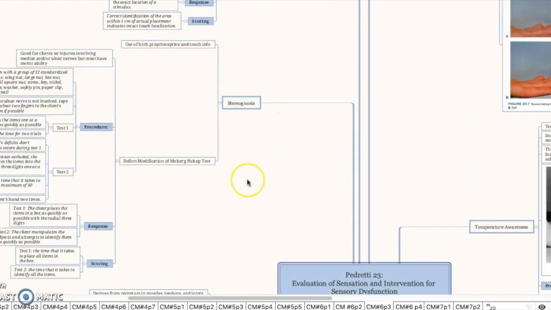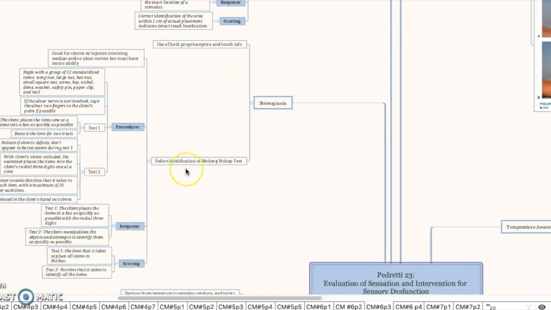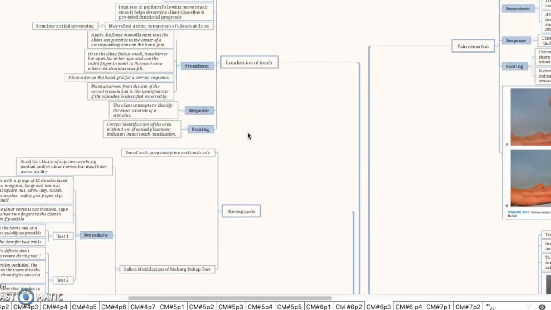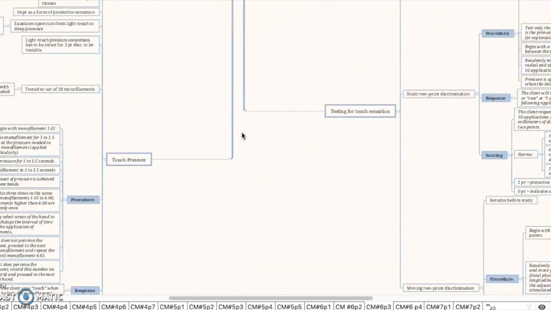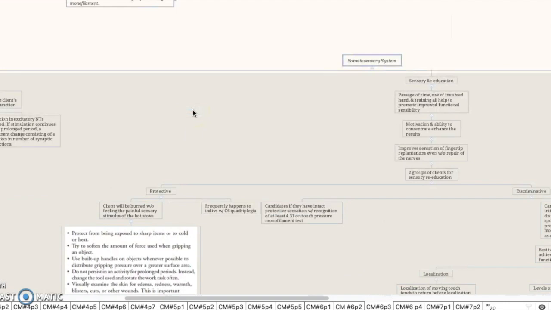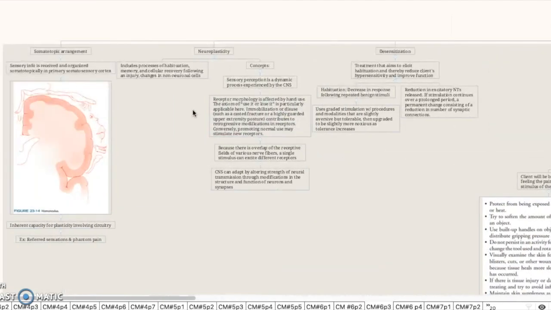This also includes stereognosis, which is the use of both proprioceptive and touch info, and talks about the Dellon modification of Moberg pickup test.